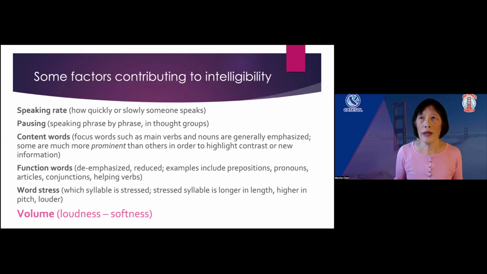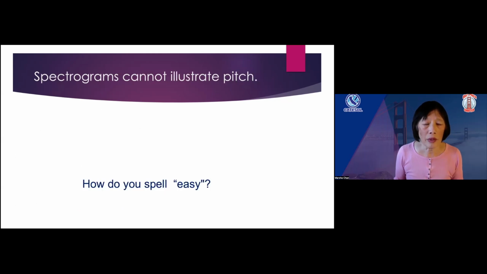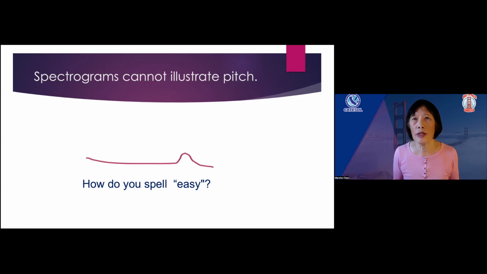Or they may taper off in the end, so that at the end of their thought or the end of their sentence, they're not able to be heard clearly enough for their listeners. So these are some of the factors that influence intelligibility.